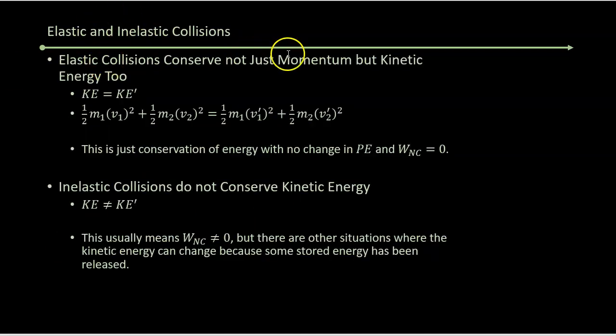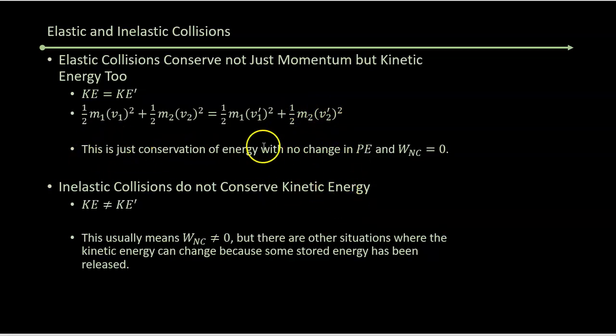So elastic collisions conserve not just momentum, but kinetic energy too. So if you were going to look at an elastic collision, the kinetic energy before the collision and the kinetic energy after the collision are equal, which boils down to this big equation here, 1/2 m1v1 squared plus 1/2 m2v2 squared equals 1/2 m1v1 prime squared plus 1/2 m2v2 prime squared.